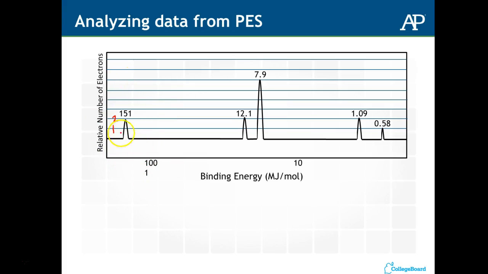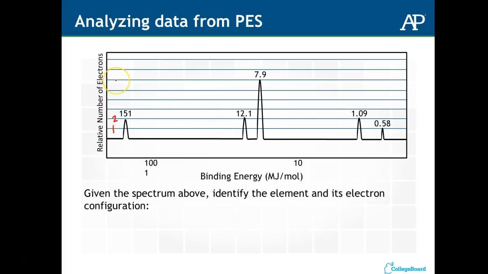We know that these electrons are very tightly bound, or attracted, to that nucleus, so we would assume that these would again be our 1s. So this looks like it is our 1s2 region.